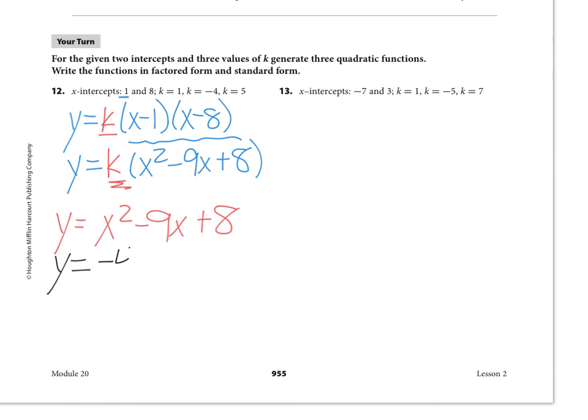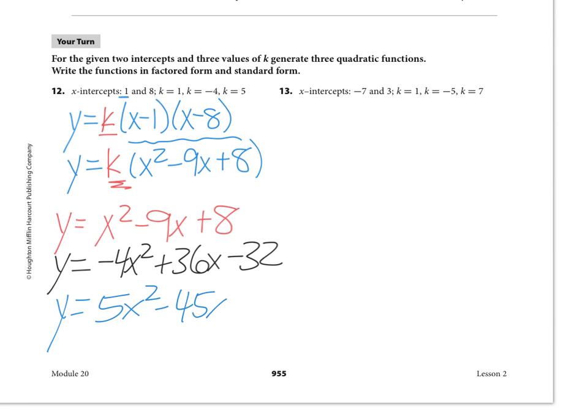So I get -4x squared plus 36x minus 32. And then my last case is when k is 5. So I distribute 5 again over this, and I get 5x squared minus 45x plus 40. So that's what it's asking you to do here.